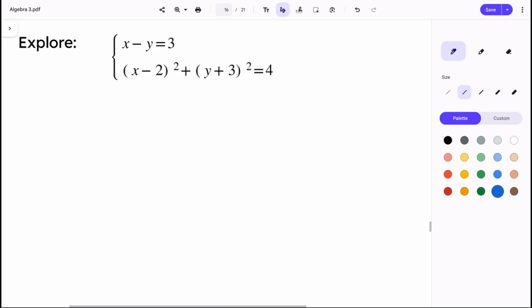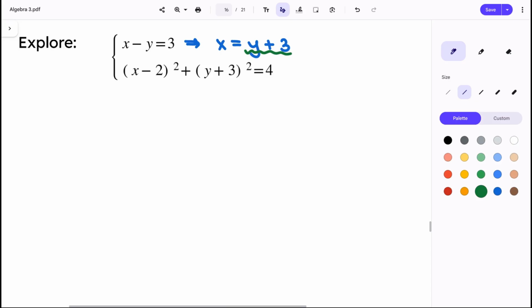Okay. Let's solve the top equation for either x or y. I think it's easier to solve it for x because what would you need to do? You'd add the y over, so it would say x equals y plus 3. Where are we going to take this y plus 3?